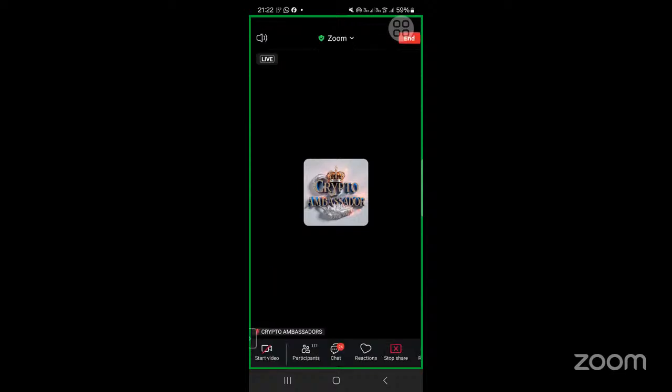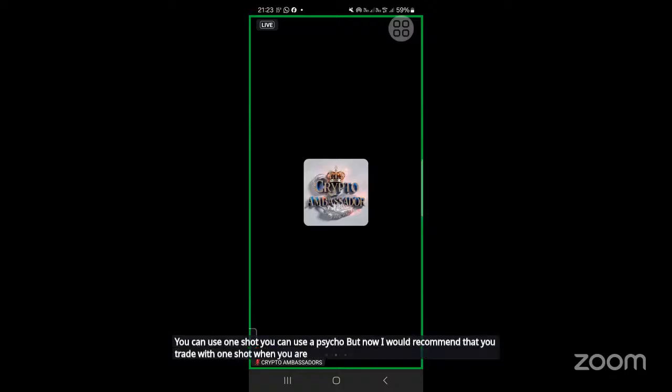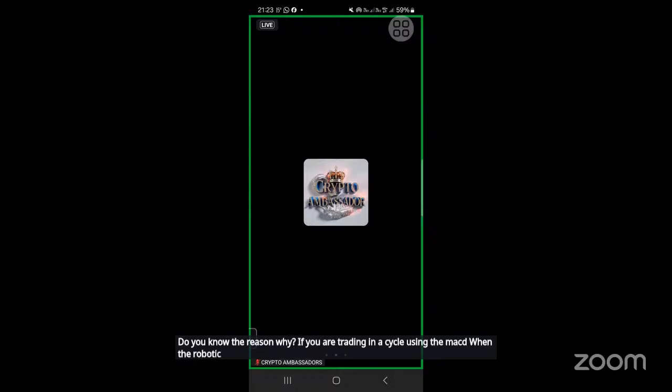Sniping the market. The strategy mode, you can use one shot, you can use a cycle. But now, I would recommend that you trade with one shot when you are using the MACD. Do you know the reason why? If you are trading in a cycle using the MACD, when the robot sells the trade, it completes the trade.